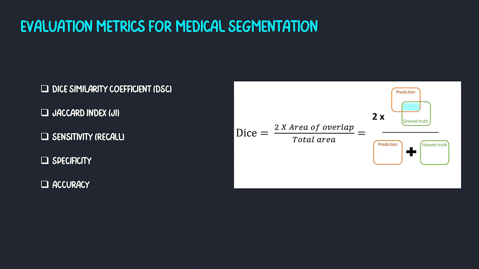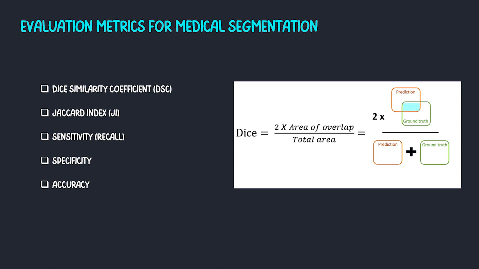The value of DSC ranges from 0 to 1. A DSC of 1 indicates perfect agreement between the predicted and ground truth segmentations, while a DSC of 0 indicates no overlap. For example, consider a case where we are segmenting a tumor from an MRI image. The ground truth is the manual segmentation done by a radiologist, and the predicted segmentation is done by our model.